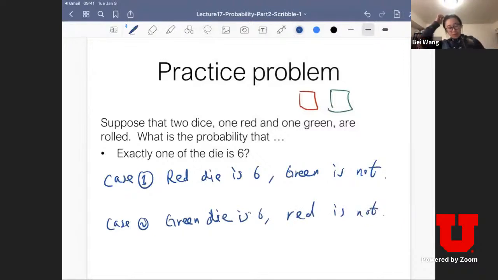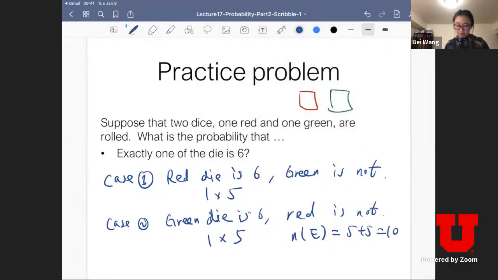Okay. When the red die is a 6, well, it's a 6, so there's only one choice. Green is not, so you only have 5 choices. So it's 1 times 5. Similarly, when the green die is 6, it has one choice, it chooses 6. Red is not, it has 5 choices. So the number of successful events is 5 plus 5, which is equal to 10.